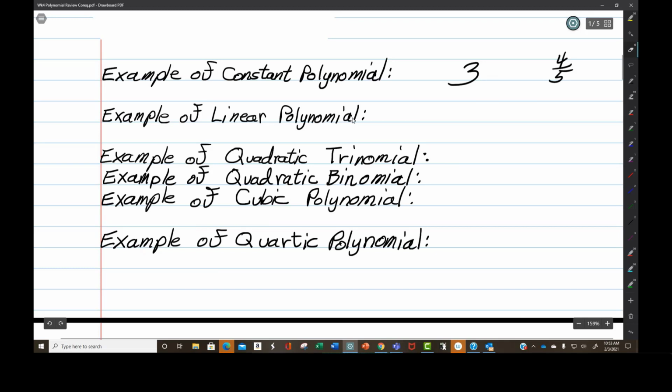An example of a linear polynomial is 3x plus 1. Linear because the variable is to the 1 power. Well, that means this whole little polynomial is to the 1 power. It's a linear term and a linear polynomial.